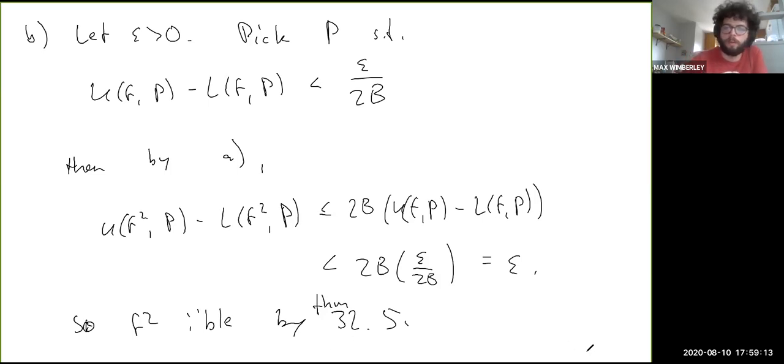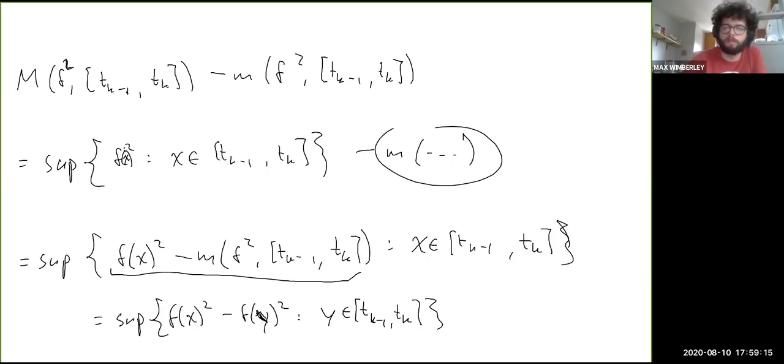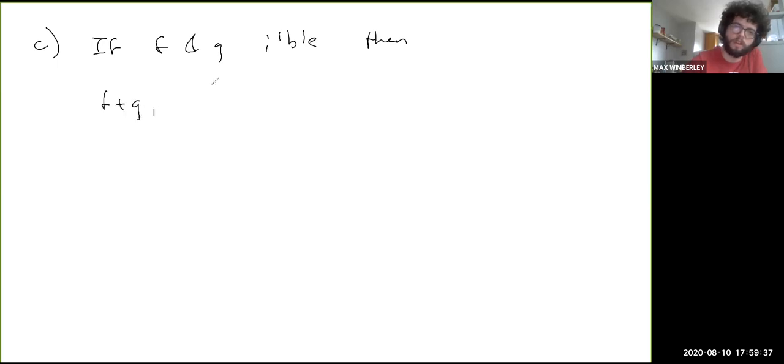And then for C, it's showing that fg is integrable. This is just a long chain: if f and g are individually integrable, then f plus g and f minus g are integrable, from the theorem with linearity.